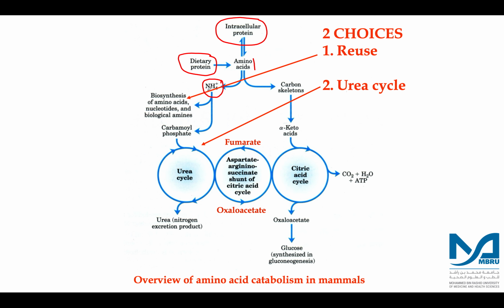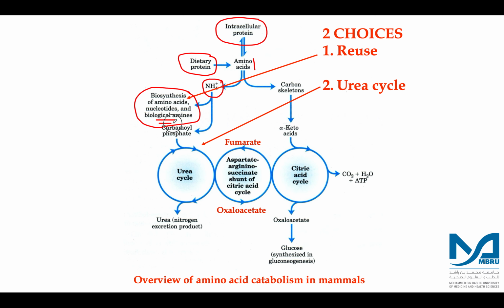Now this ammonia that is produced by the metabolism of amino acids can be reused for the synthesis of amino acids and nucleotides, which are the building blocks of the nucleic acids that you know, that is RNA and DNA, and also for specific biological amines.